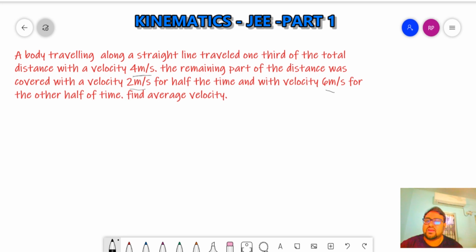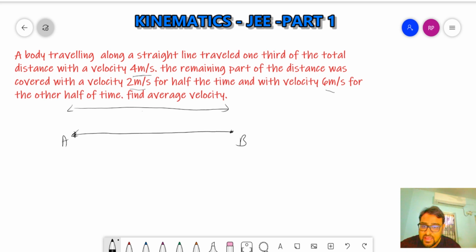Now it is given that one third, so what I will do, I will take this total distance as S. So now see one third. I will put a part here.